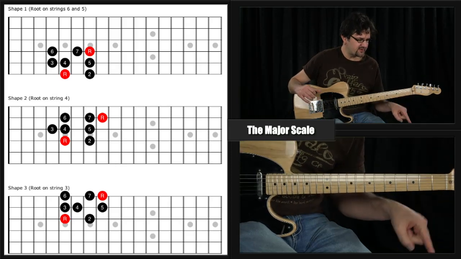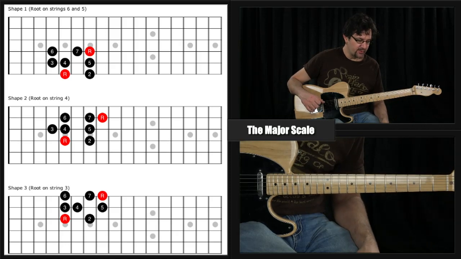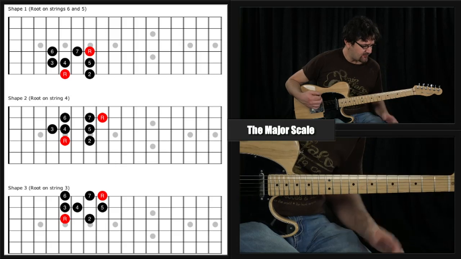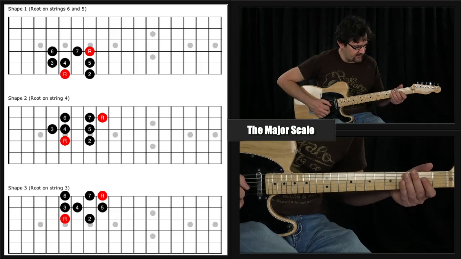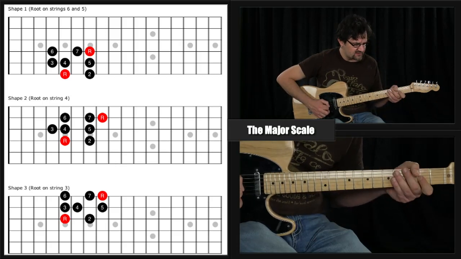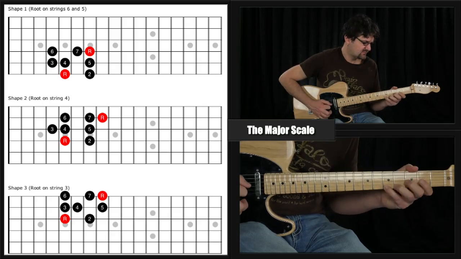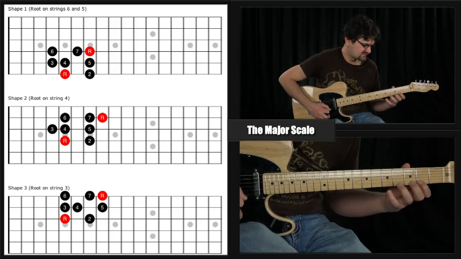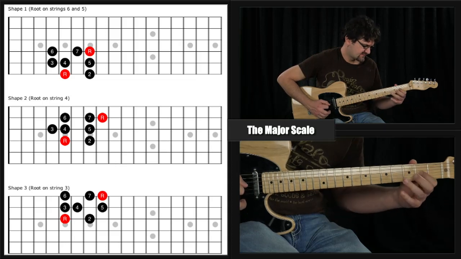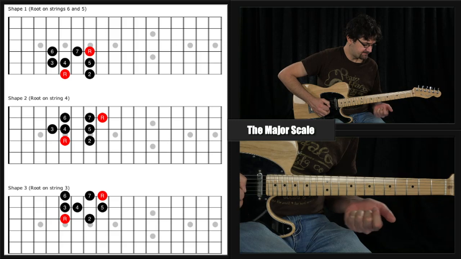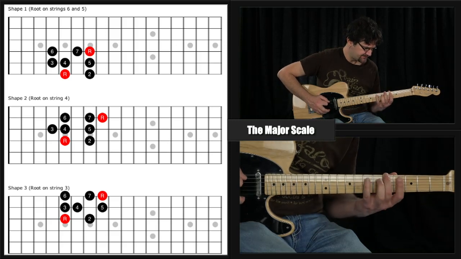Now what if I wanted to use that 3rd shape? The root is on the 3rd string, so I need to find an A on that 3rd string. I have one on the 3rd string, 2nd fret. So I could play that shape. So now I covered 3 areas of the fretboard. The first one, the first shape.